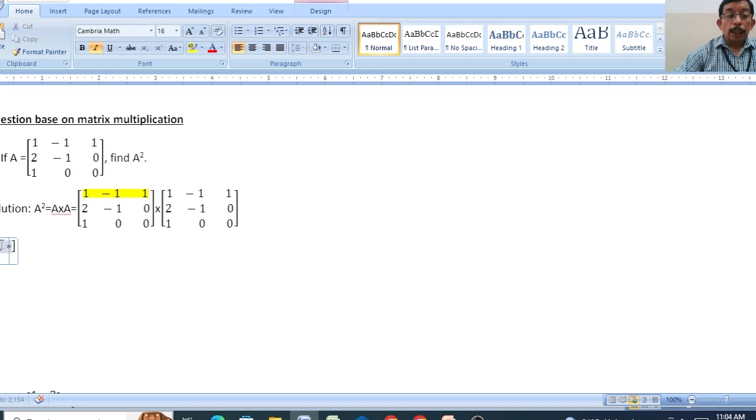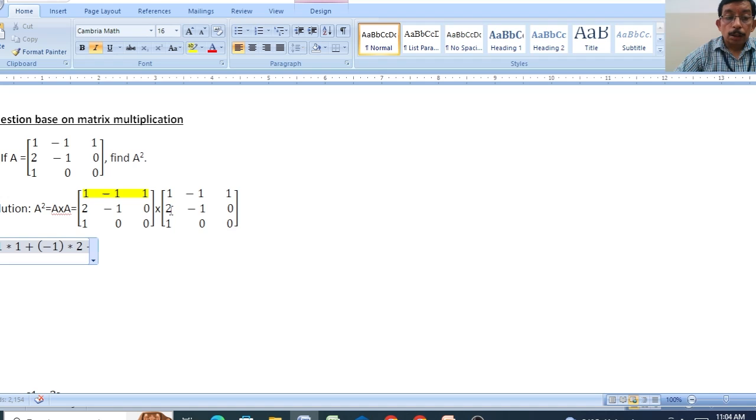The next element of the first row is minus 1. Add minus 1 multiplied by the corresponding second element of the first column, which is 2, so minus 1 multiplied by 2.